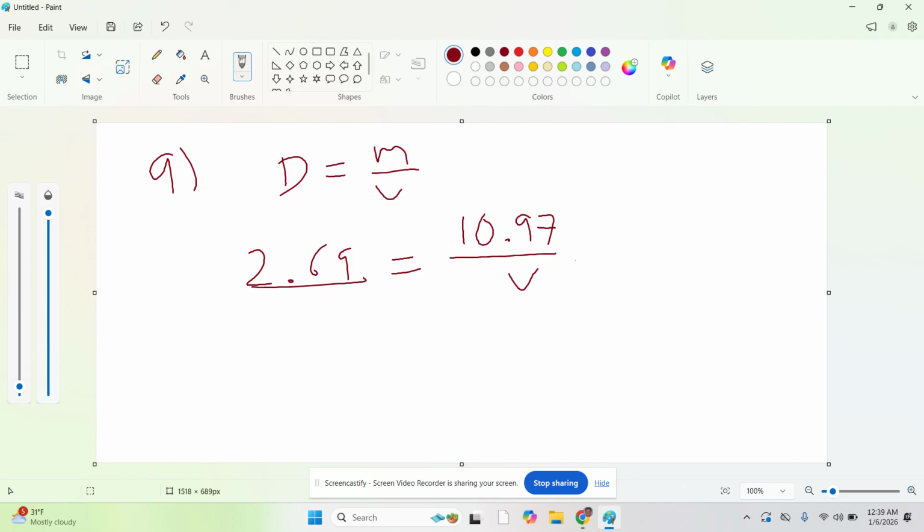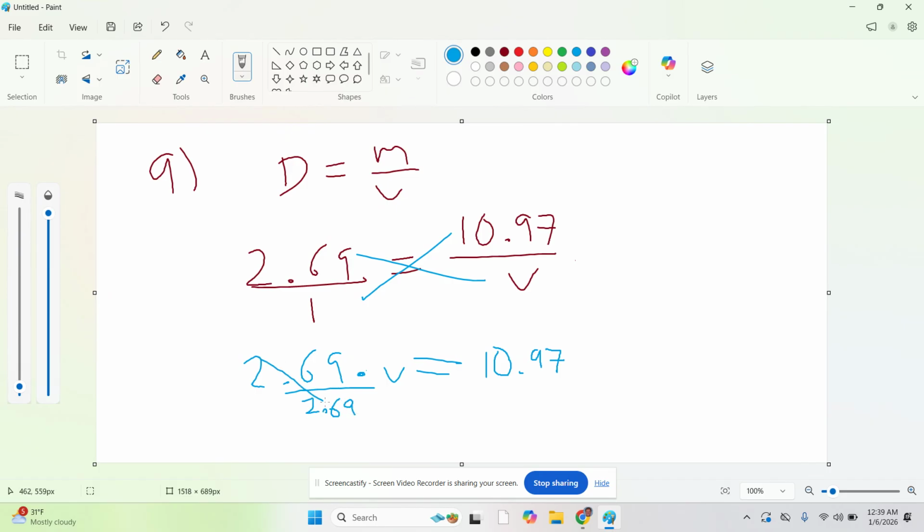I like to put this number over 1, and then I like to use cross multiplication. So 2.69 times V is equal to 1 times 10.97, or just 10.97. Now to solve for V, to get it by itself, we divide both sides by 2.69.